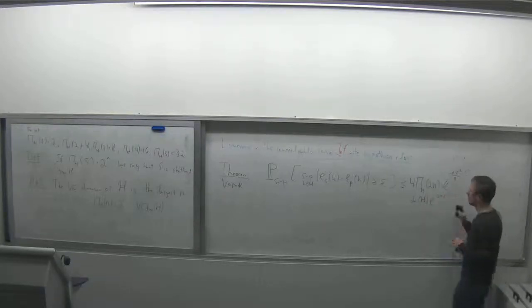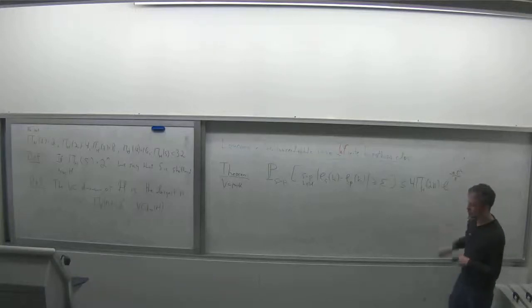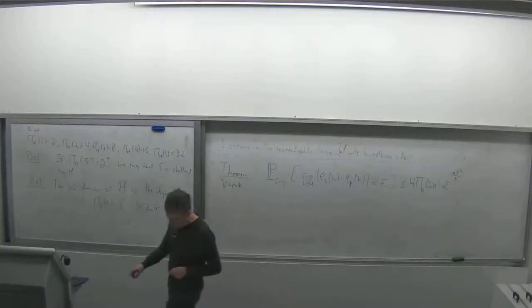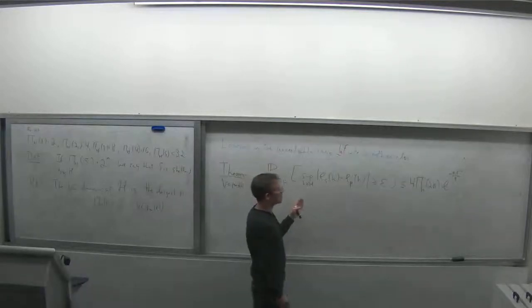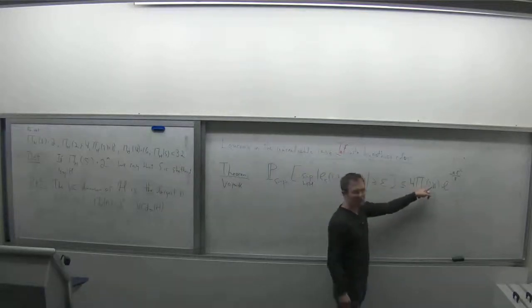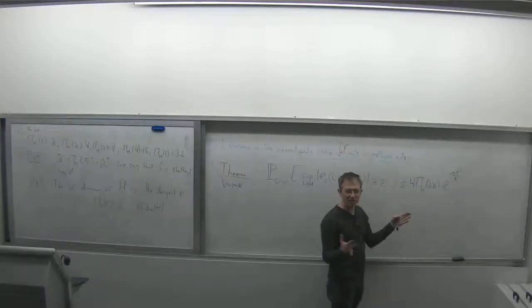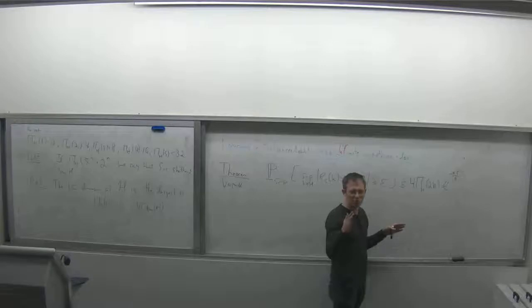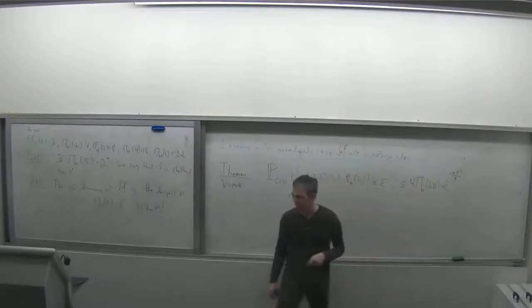So thus far, this is not necessarily a very useful result, because it could still be exponential in n, say 2 to the n. So the critical thing is that this is actually polynomial in n. This is what makes this a useful result.